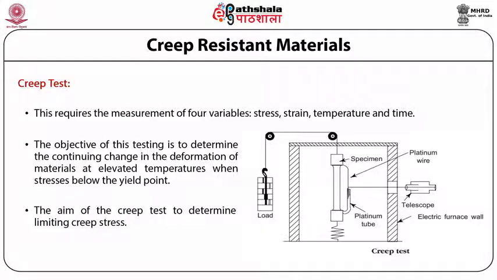The aim of the creep test is to determine limiting creep stress. The figure given below shows the creep test in which there is a specimen, a platinum tube, platinum wire, then the electric furnace wall and the telescope, and the specimen is connected to the load.